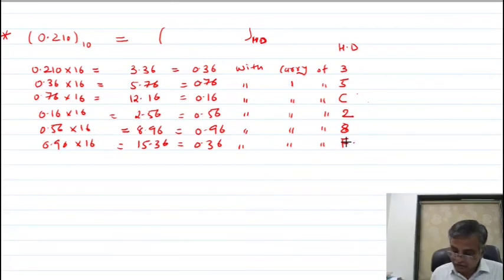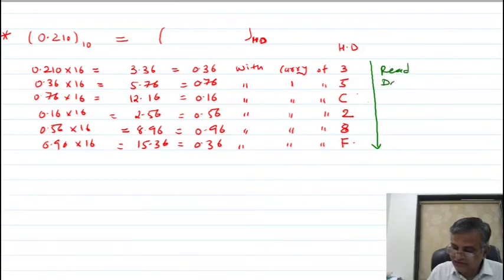Right? You can proceed further, already I told you, that depends upon how much accuracy you want. Now read down, remember here. Read down means this is your MSB and this is your LSB.